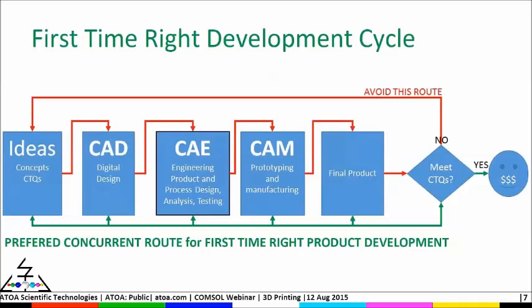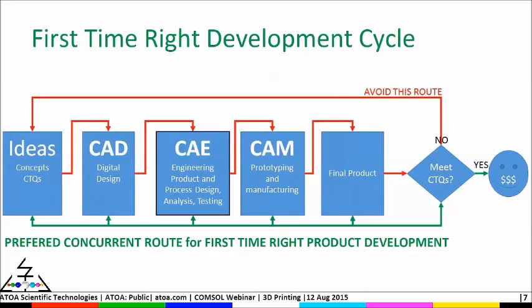This slide shows the product development cycle in a simulation-based product development environment. The product development moves from ideas or concepts to CAD, to CAE, to CAM, and to the final product. The red line shown on the top right shows the typical sequential development process, which generally leads to product development not meeting the CTQs.